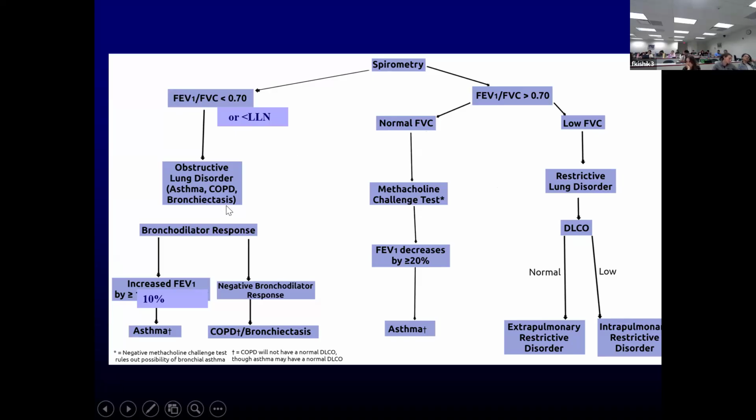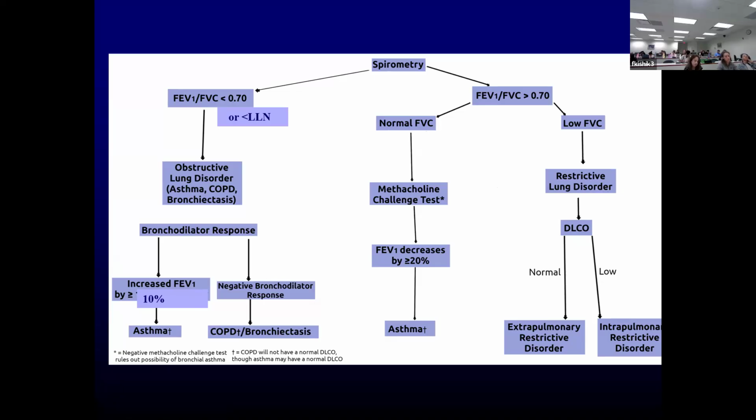Which kind? I will give the bronchodilator. We talked about the bronchodilator challenge. If my FEV1 increases by 10%, I have asthma. If it doesn't, I have COPD or bronchiectasis. How would I make the distinction? I will do a CAT scan of the chest.